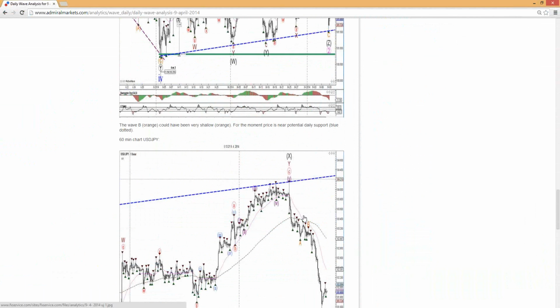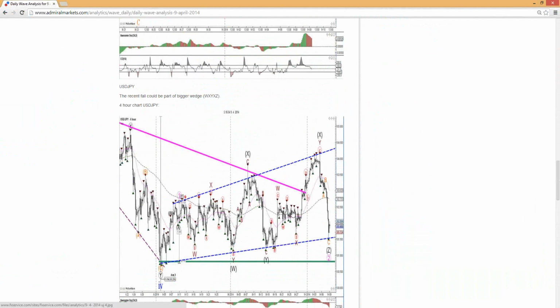So what I try to do with the wave counts I put on here is not only the wave counts, but also have a practical approach, in the sense that by adding trend lines, moving averages, and fibs, you have more than waves. Waves are complementary to the other analysis, so that you get an idea what the vibe is just beyond the waves, right?